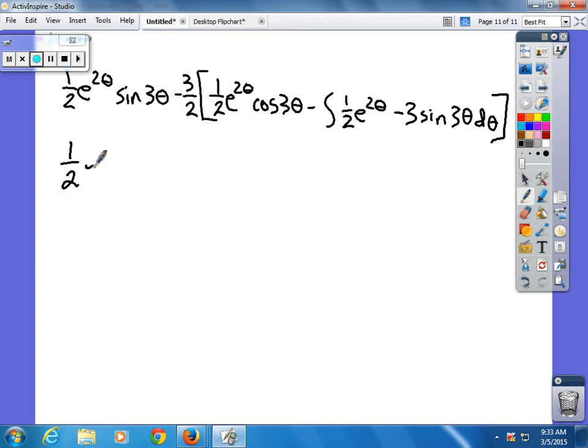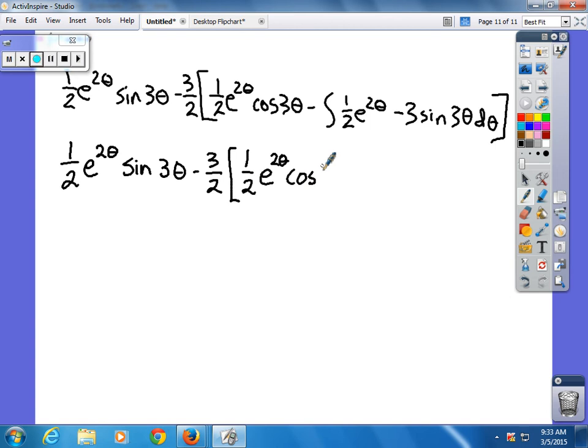Thanks for the help. e to the 2 theta sine of 3 theta, minus 3/2 times 1/2 e to the 2 theta cosine of 3 theta, minus, it'll be a plus 3/2 e to the 2 theta times the sine of 3 theta d theta.